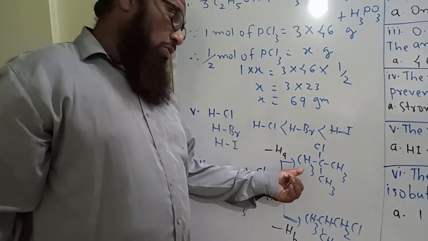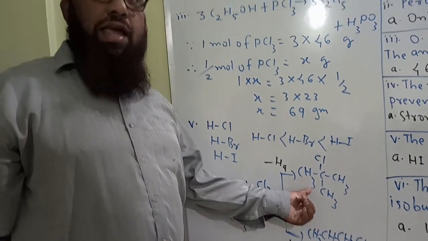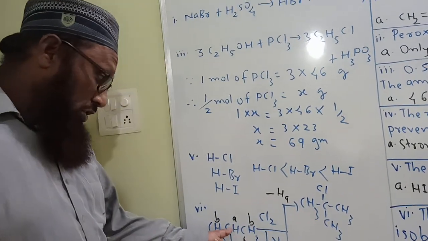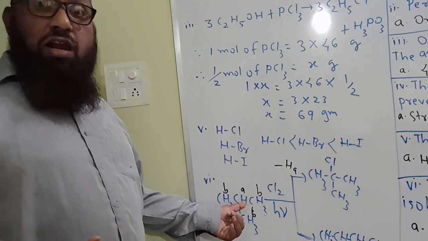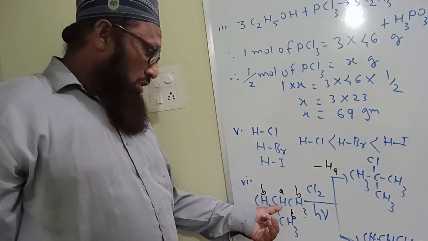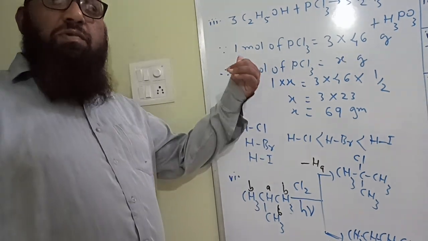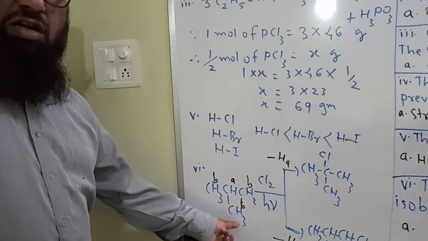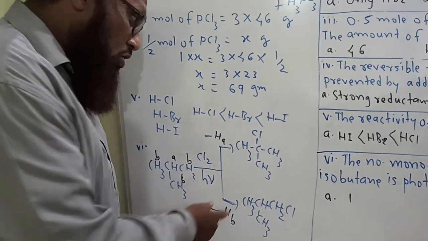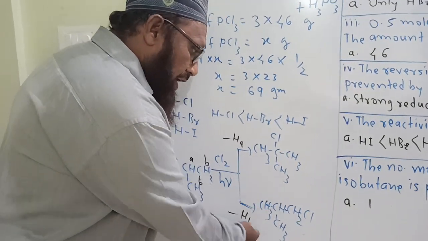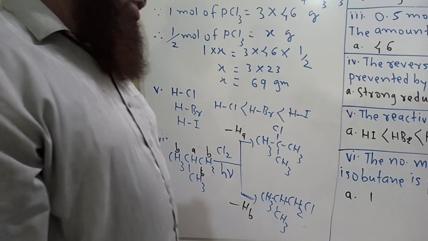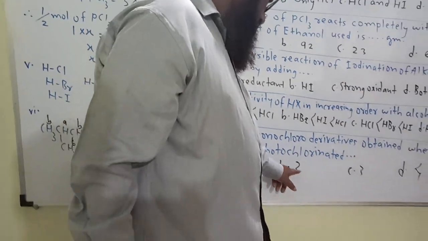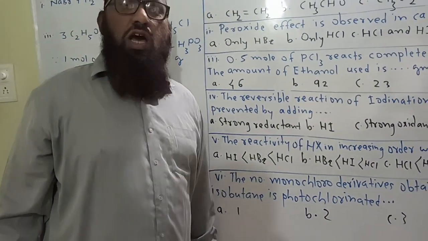No doubt 2-chloro-2-methyl propane is obtained in a very high quantity, because I mentioned earlier in the lectures, 3-degree hydrogen is easily replaced as compared to 1-degree hydrogen. But how many derivatives do we get here? 2 monochloro derivatives. Therefore, the correct option is B. 2 monochloro derivatives are obtained.